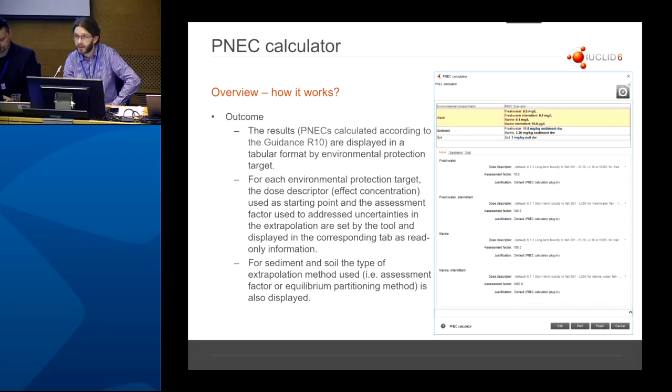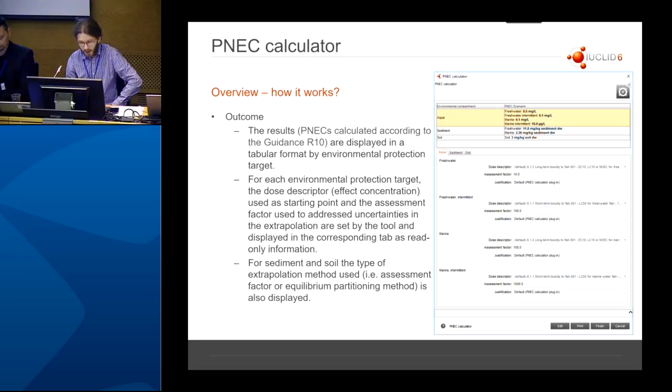and will propose PNEC values in line with the guidance R10, which is describing how to perform the hazard assessment for the environment. So this tool is going to use all the default values that are specified in the guidance document and propose PNEC values for the aquatic environment, so freshwater and also sediment and soil.